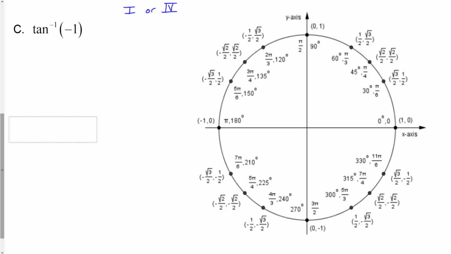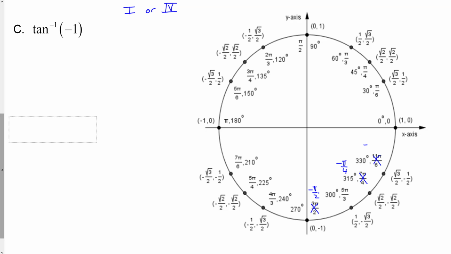But the thing you have to be careful of with quadrant 4 is that the restrictions are always negative pi over 2 to positive pi over 2. So instead of answering 3 pi over 2, if this happened to be my value, I need to answer negative pi over 2. And similarly, 7 pi over 4 would be the same thing as negative pi over 4.